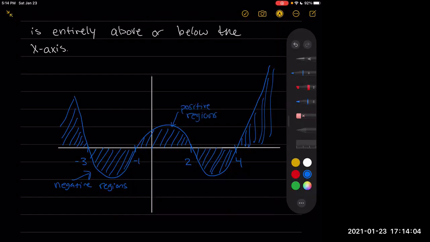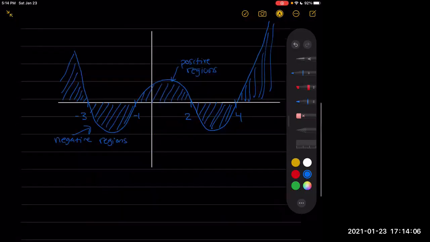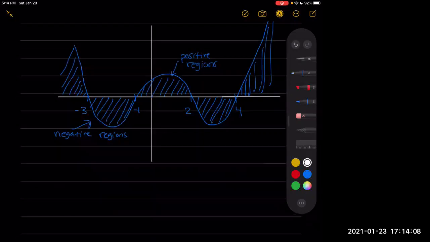All right, and so when we write this, we will write that p of x is less than or equal to 0 for x in -3 to -1 union 2 to 4.